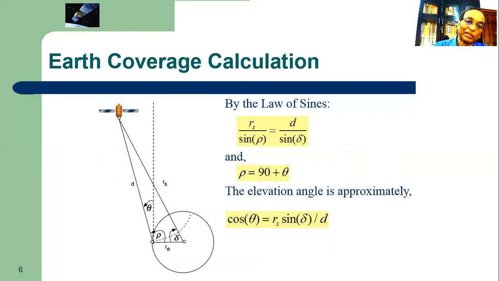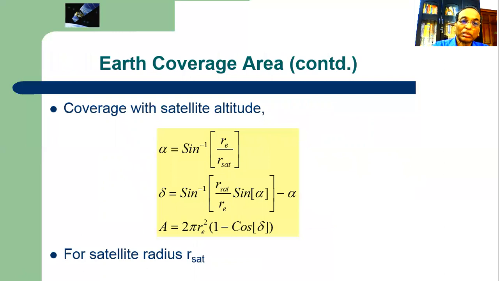RS is the distance, and d also is the distance from the outer surface of the Earth. RS is the distance from the center to the satellite. So one can calculate alpha is equal to sine inverse RE by RSat, and delta equal to sine inverse of RSat by RE sine of alpha, minus alpha. It means this angle should be excluded from the sine inverse term.